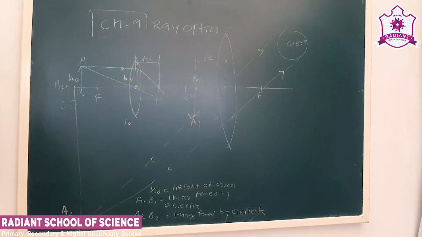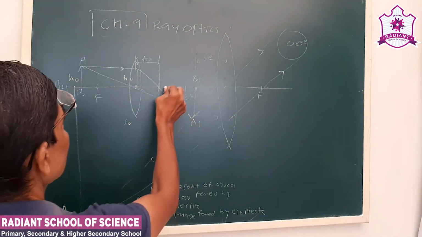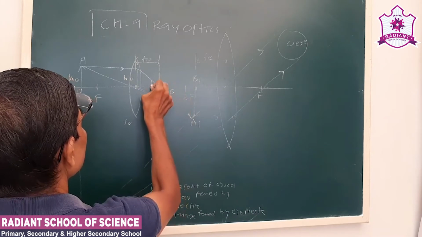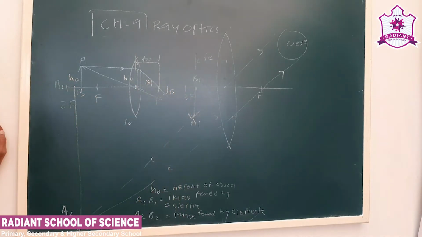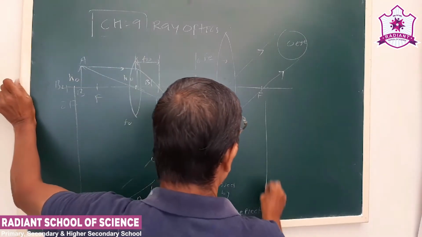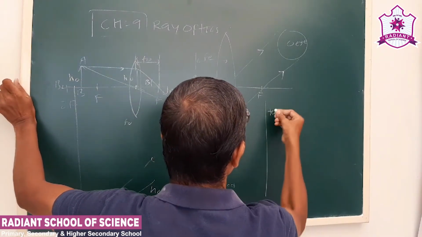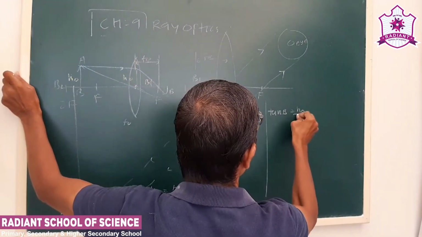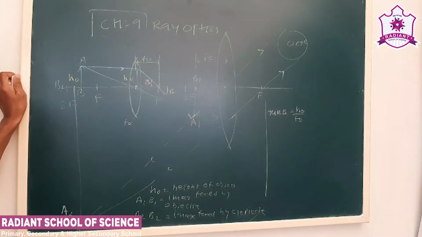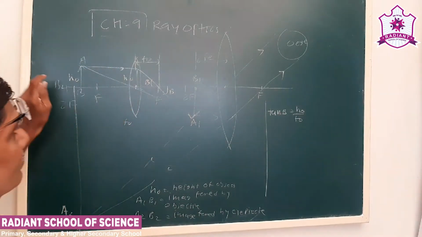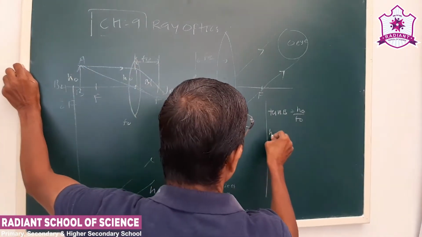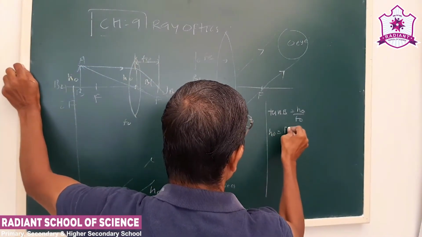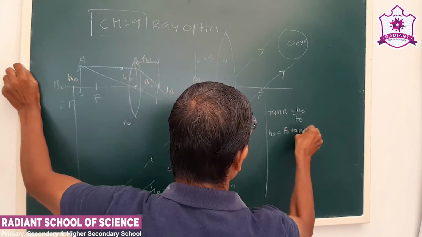Now let us say this angle we call beta. From the diagram we can see tan beta is HO upon FO. What is HO? Height of the object. FO is the focal length of the objective. So HO is FO tan beta.